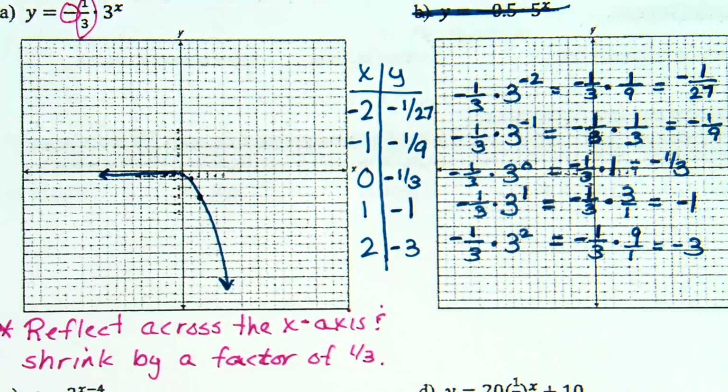Yes. In an already very tiny box, you have to go 1/27. Okay, questions on what I did there? Okay.